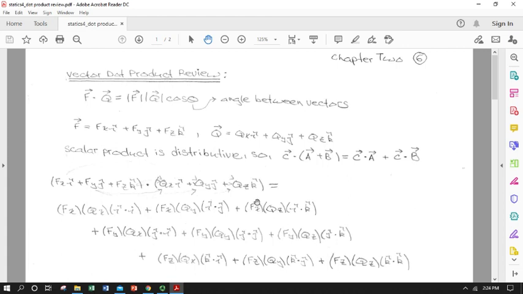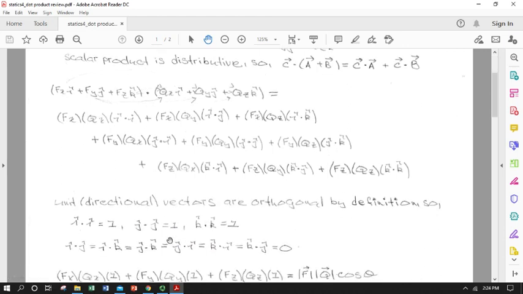This goes away, this goes away, this goes away. Then I have my f sub y times q sub y times 1. This term goes away, this term goes away, this term goes away. They're all 0 because I have a cosine of 90 degrees. Then I have f sub z times q sub z times 1. So I end up with just the like terms summing up.